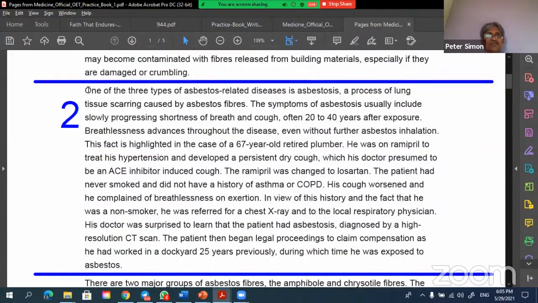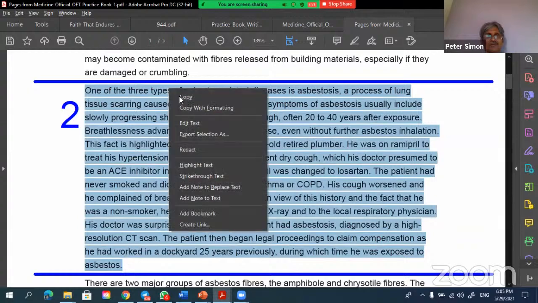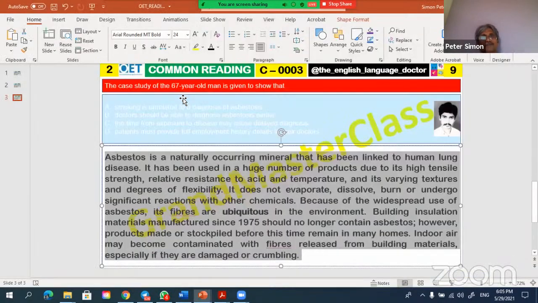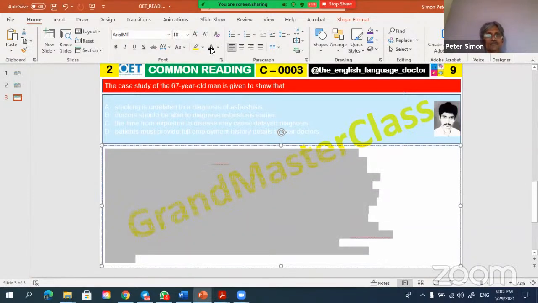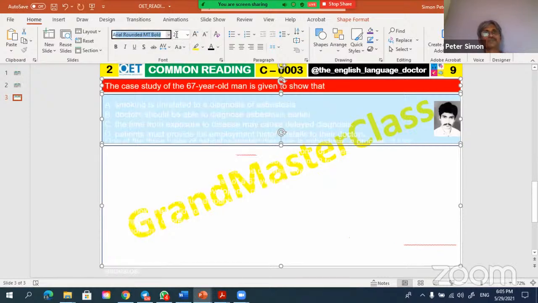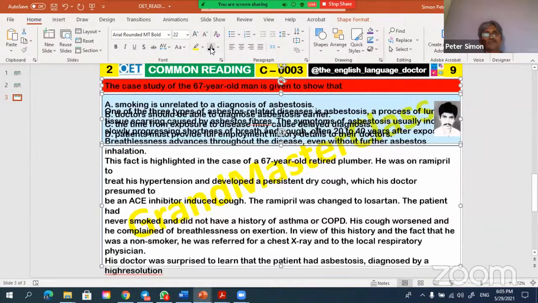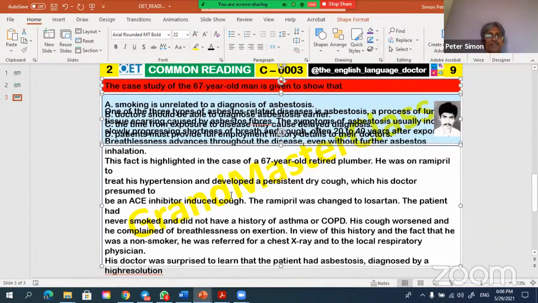Directly we'll go to second paragraph. Okay. Should have done like this first.